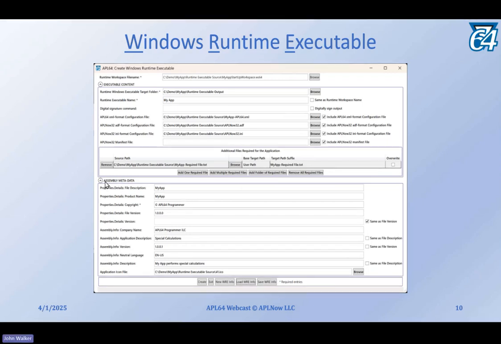And some additional details under the assembly metadata: I've got a file description of my app, product name, my app, copyright, file version, company name. Now, some of this information will actually appear when you click on the properties for the runtime executable that's generated.